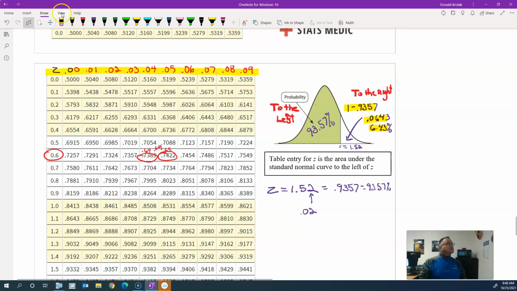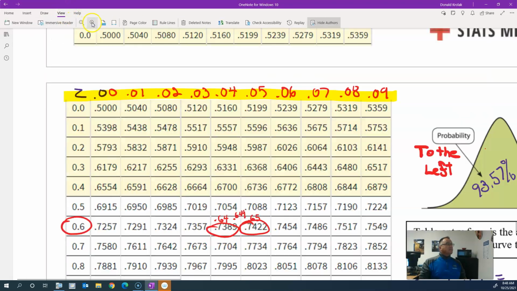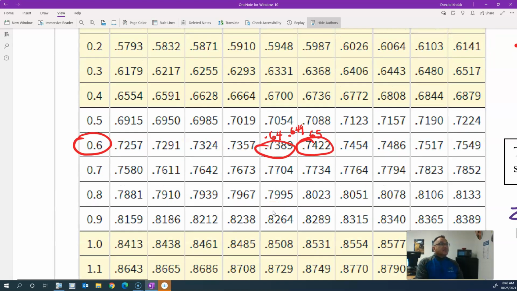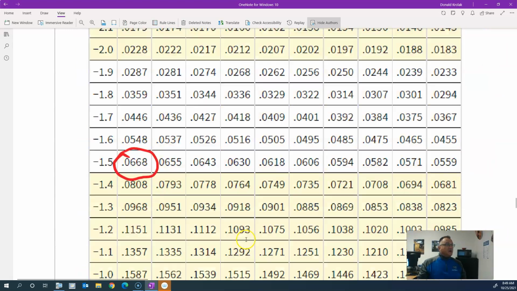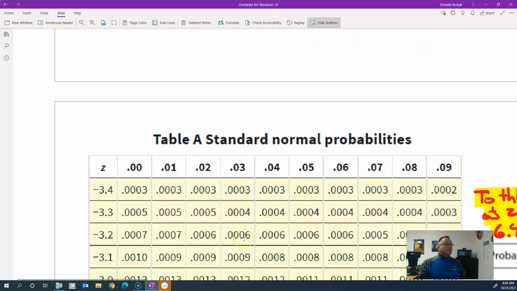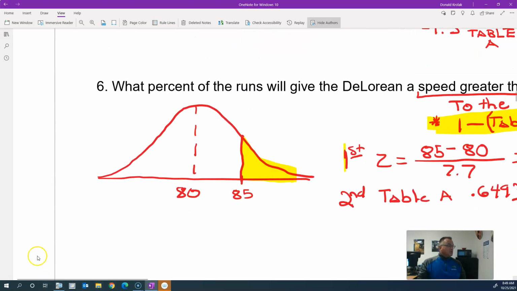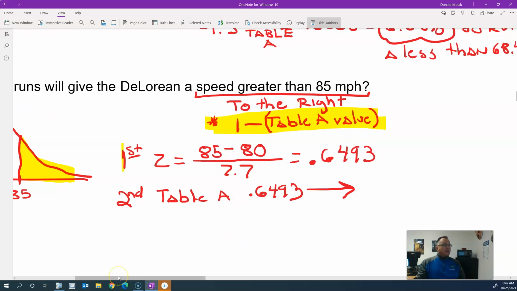Any questions on that, guys? This one's 0.65. This one's 0.64. The 0.649 would be closer to the 0.65. So that's the value from my chart, and now I'm going to subtract that from 1. So 0.7422.